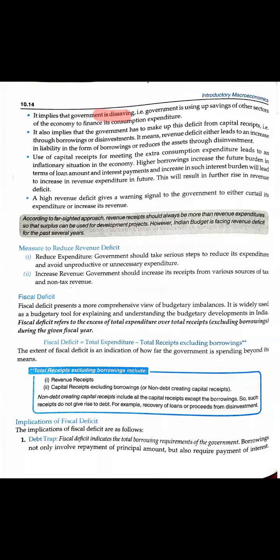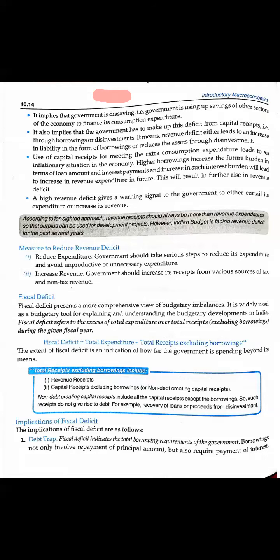When our income is more than our expenditure. Yes or no? Yes, sir. If our income is 1 lakh, but our expenditure is 30,000, then how many rupees can we save? 70,000 rupees we are able to save.